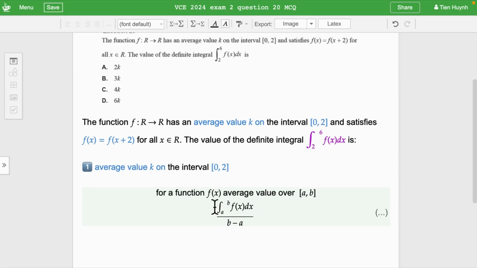So this is the key point that we need to remember. This is the average value of a function over the interval from a to b.